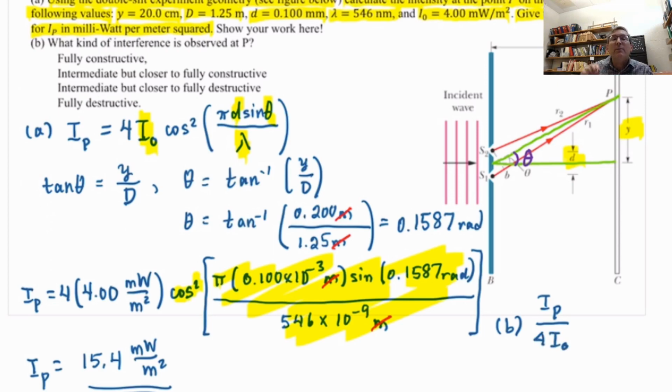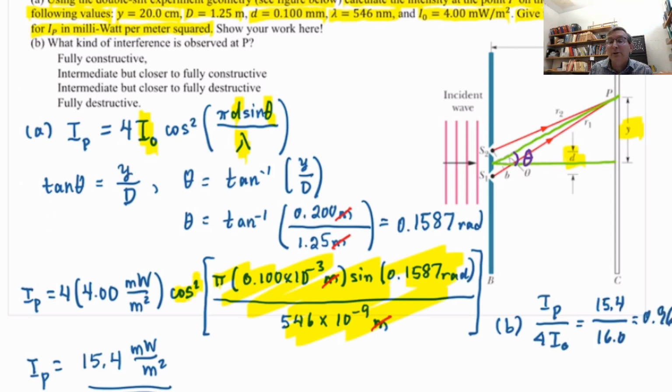And that occurs when we have fully constructive interference. So that ratio, you put in 15.4 over 4I0, which is 16, and you get 0.96.